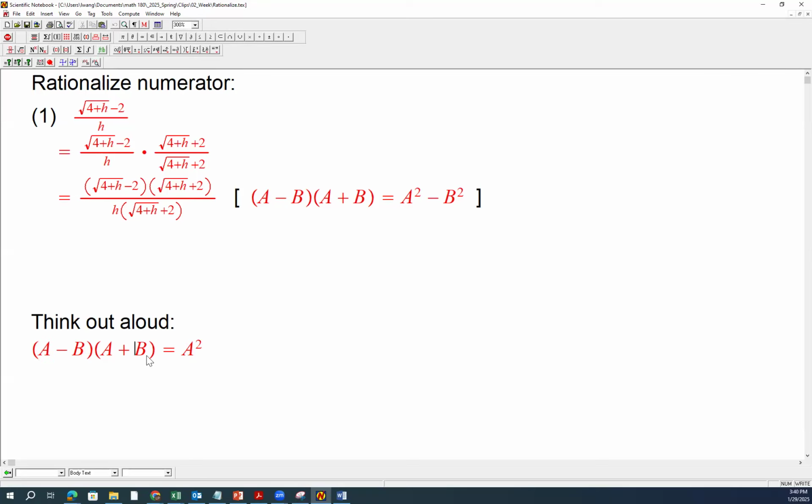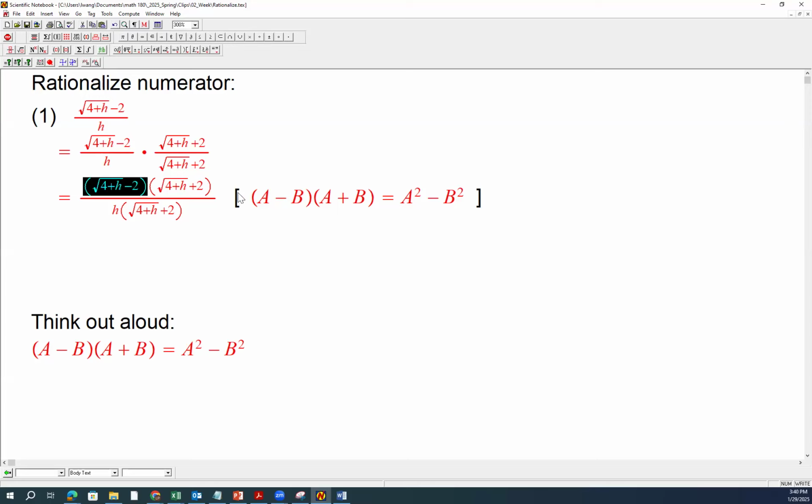A times B is plus AB. Negative B times A is minus AB. And negative B times B is negative B squared. You can see these two are opposite: AB minus AB is 0. That's how we get this formula.